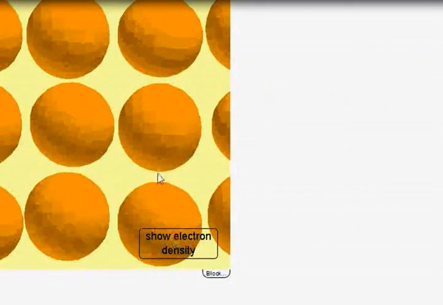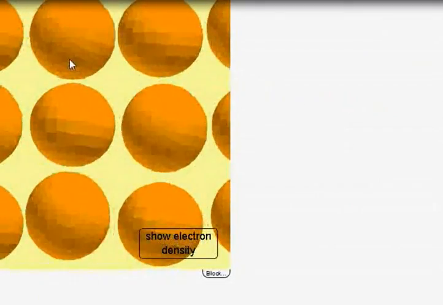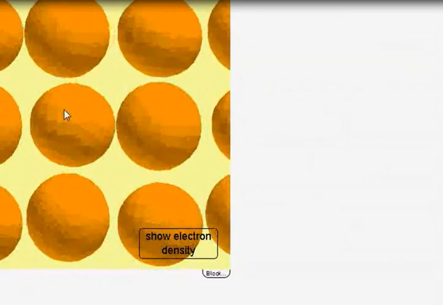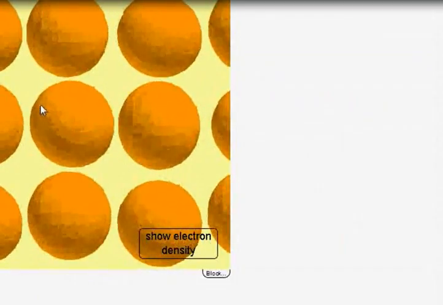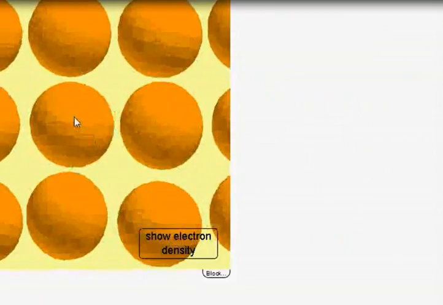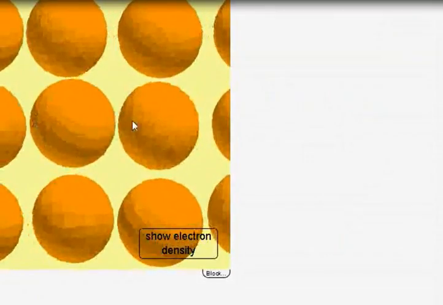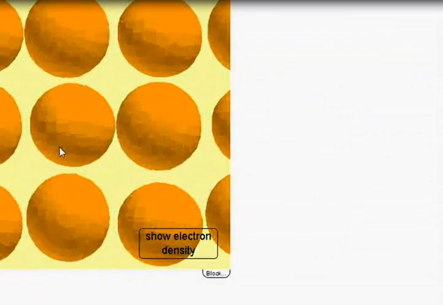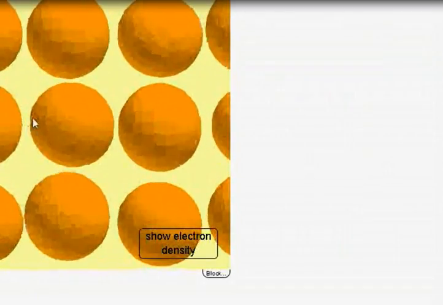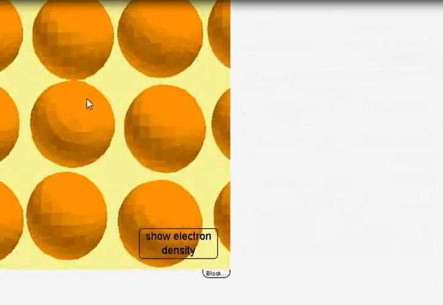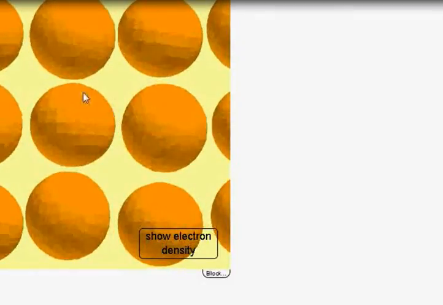Alright, so here we have a nonpolar substance, let's say a nonpolar molecular substance. And we have the molecules next to each other, and even though they're nonpolar, it's possible for a split second that there are more electrons on one side of the molecule than there are on the other.